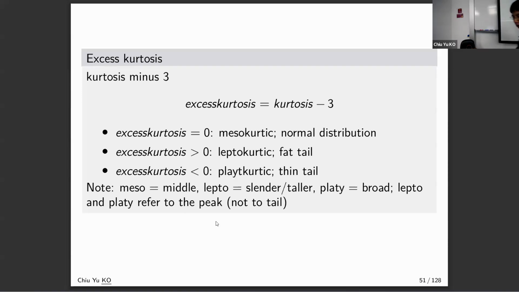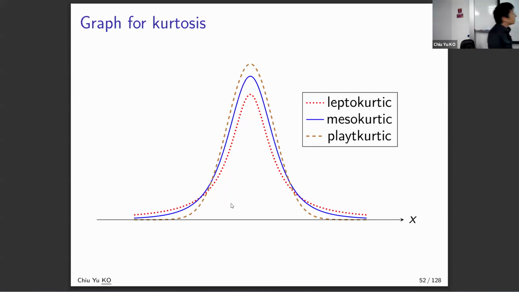Maybe to give you an idea of what a thin tail and a fat tail are. The blue one is usually what we call the bell curve, looks like this. If you have the red one, where the tail is bigger, it's a fat tail. The golden one is a thin tail. And as I try to remind you again, why do we care about fat tail or thin tail?